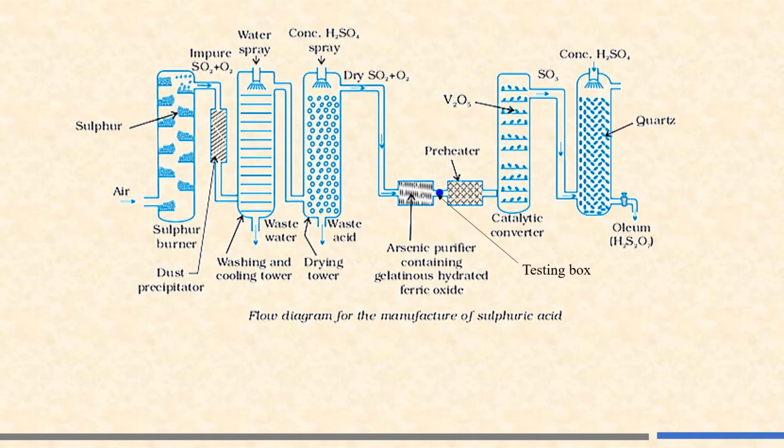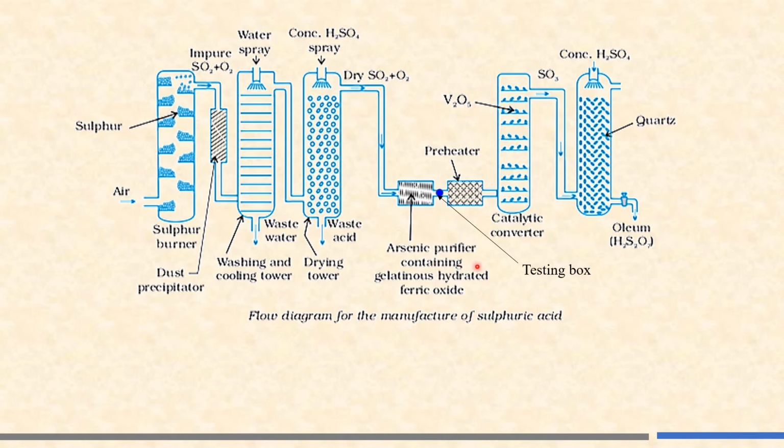The plant used in contact process consists of 5 main parts. First is sulfur or pyrite burner. Second is purifying unit, which consists of 3 subunits: washing and cooling tower first, second drying tower, and third arsenic purifier.